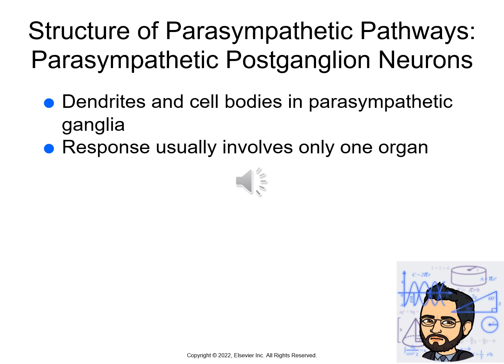And this short distance between the ganglia and the target organs allows for very localized and specific responses because the postganglionic neurons are so close to their target. The effects of the parasympathetic stimulation typically involve only one organ at a time. So this setup helps ensure precise control over functions such as digestion, salivation, and reduction of heart rate, and so forth.